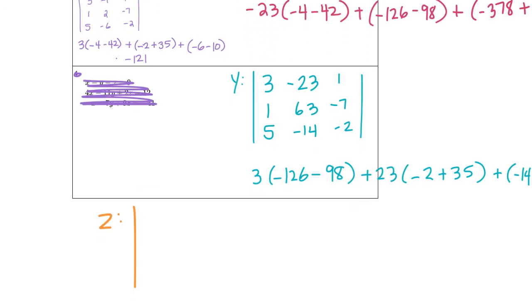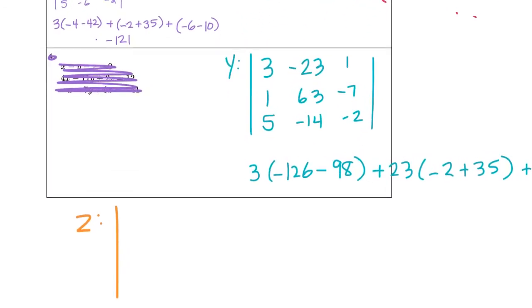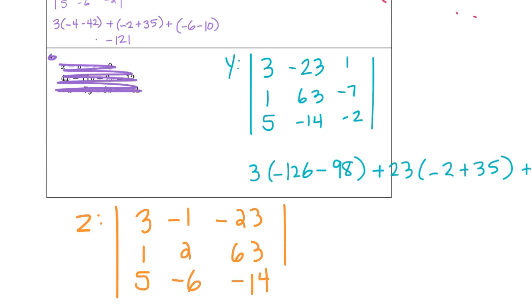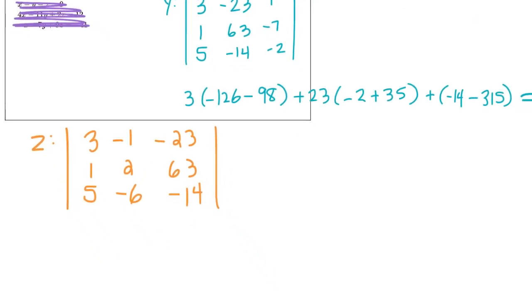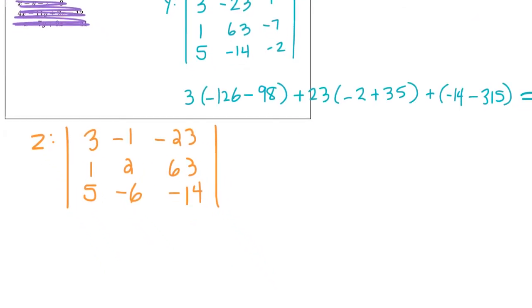So it's going to turn into 315, negative 1, 2, negative 6, and negative 23, 63, negative 14. So let's find the determinant of that matrix.